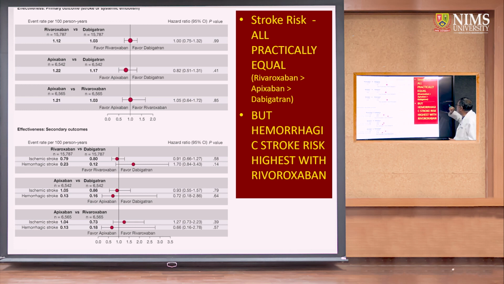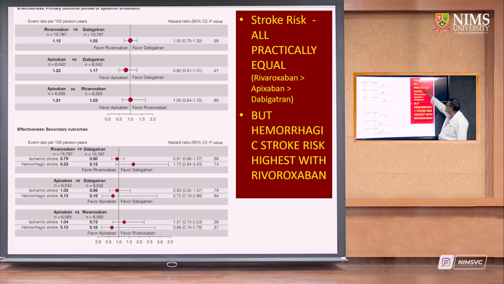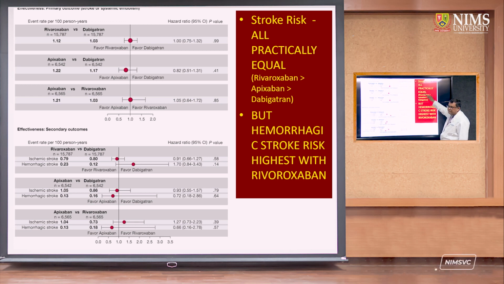So, what you find is that practically all of them have equal stroke risk prevention, but remember rivaroxaban is more potent than apixaban, which is more potent than dabigatran. So, highest stroke reduction happens with rivaroxaban, but highest bleeding risk, especially hemorrhagic stroke, also happens with rivaroxaban.